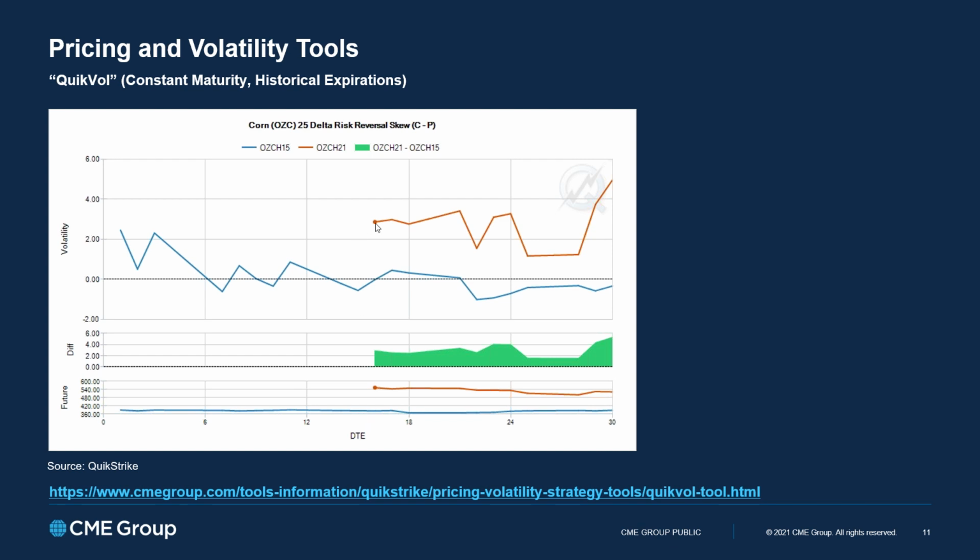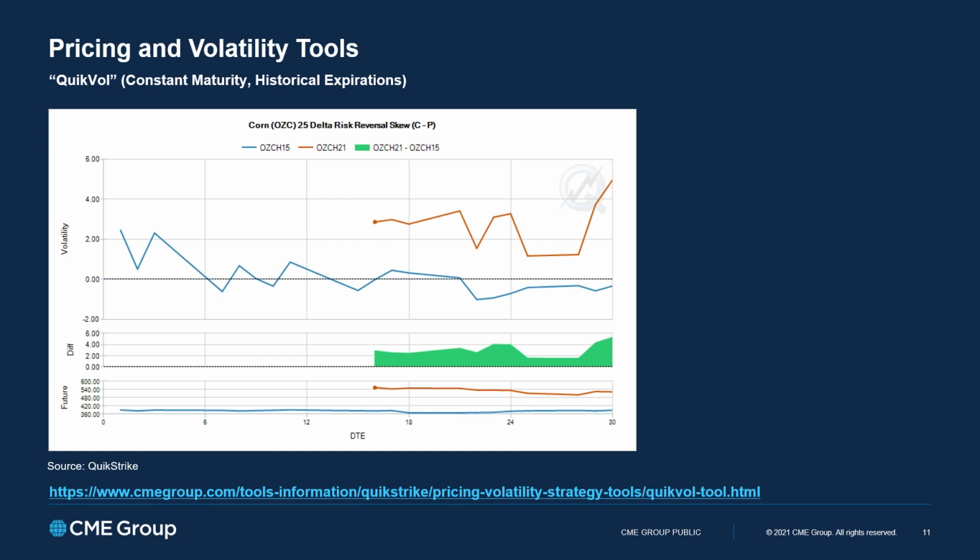You can see that at the time I did this, the calls were actually trading at about 3% higher implied volatility than the puts were. So the market was demanding more to sell a call, or buy a call rather, than it was for a put. Obviously, the insinuation there is that the market is assigning a greater probability to a price shock to the upside than to the downside.